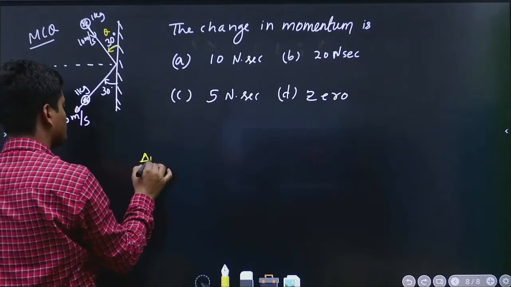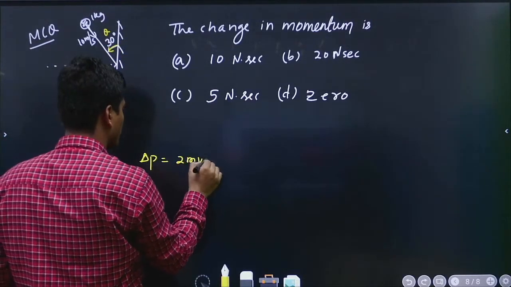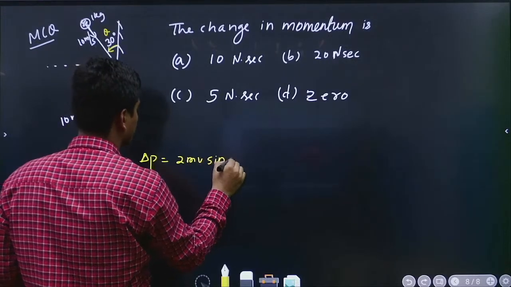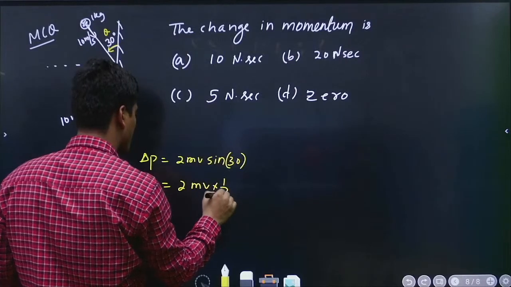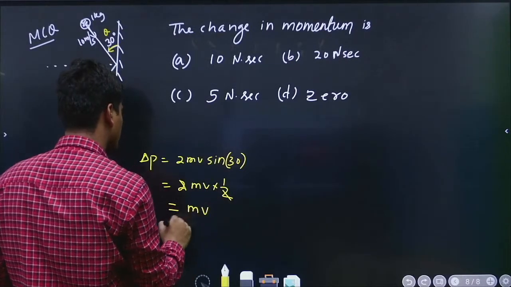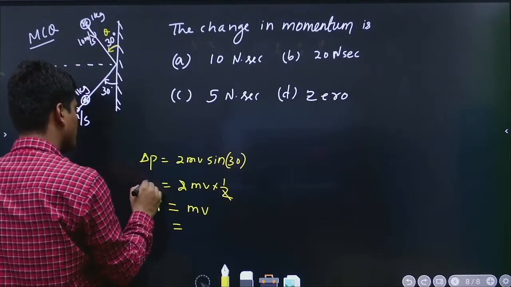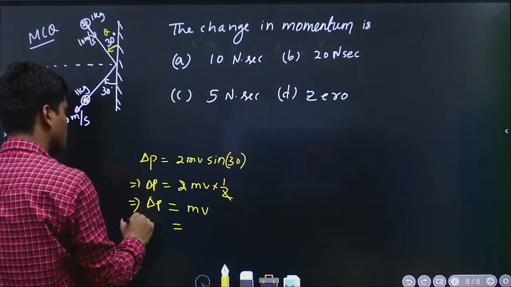So change in momentum is nothing but 2mv sin 30. 2mv sin 30, the half cancels, so it is mv only.